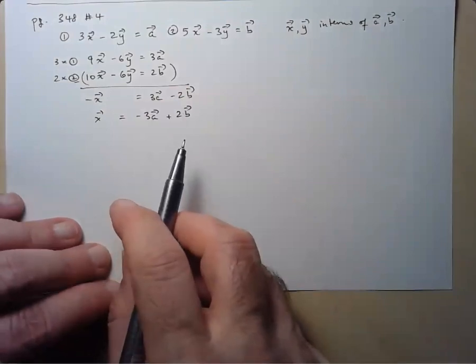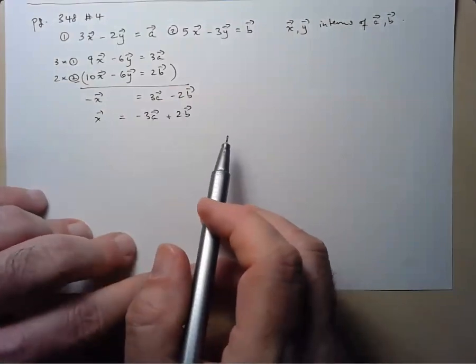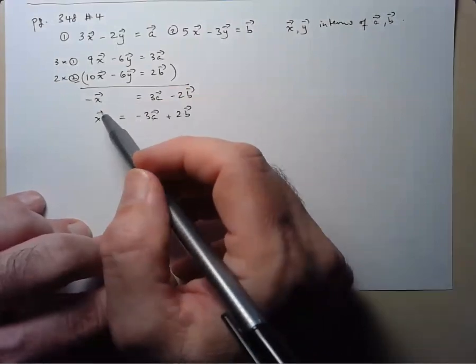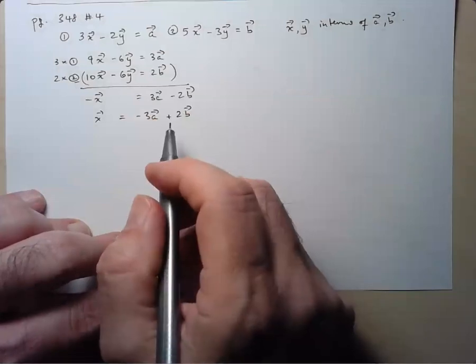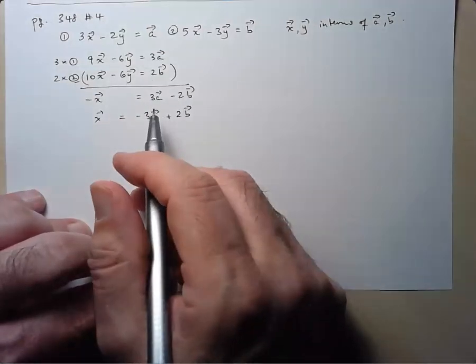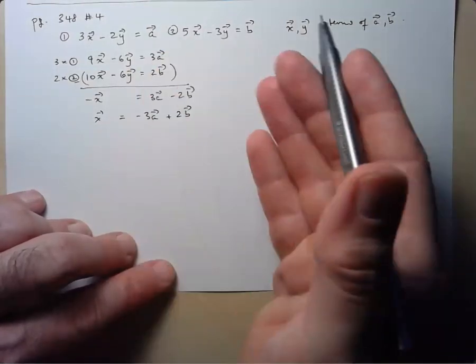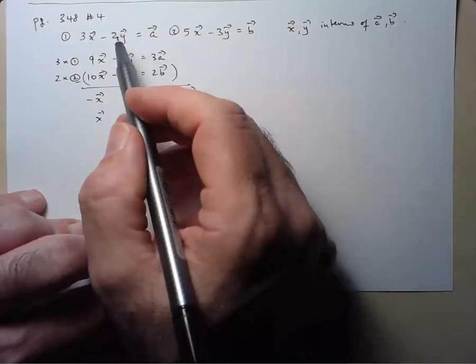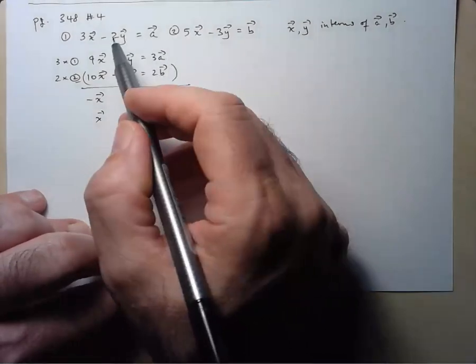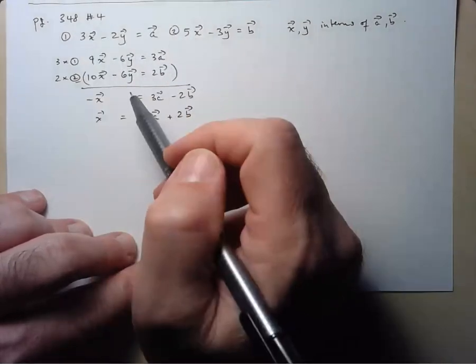Now at this point, I could do one of 2 things. I could replace this back into one of the equations, but then I'd have to deal with moving things around. But just to show you another thing I could do, I could start over and eliminate the x's, and I'm left with y.